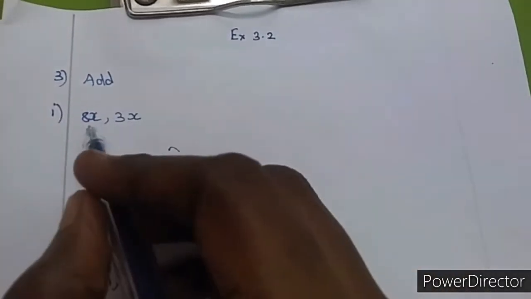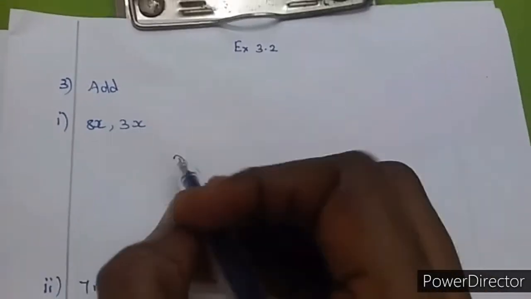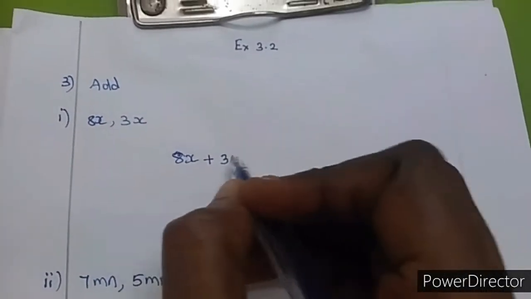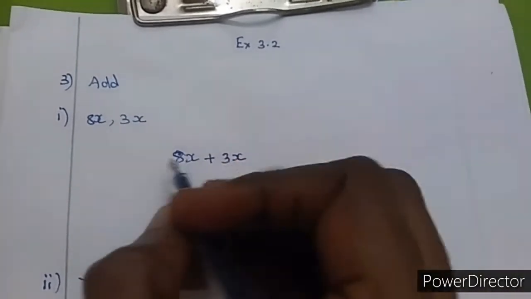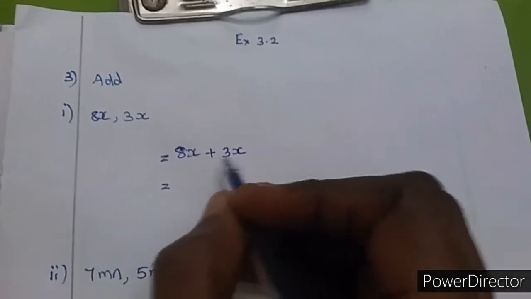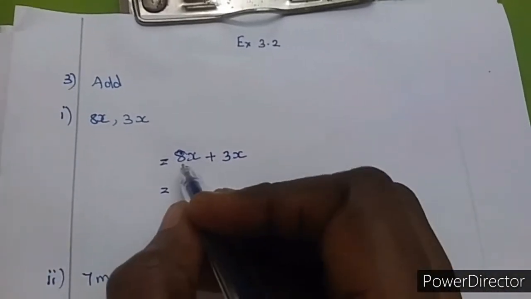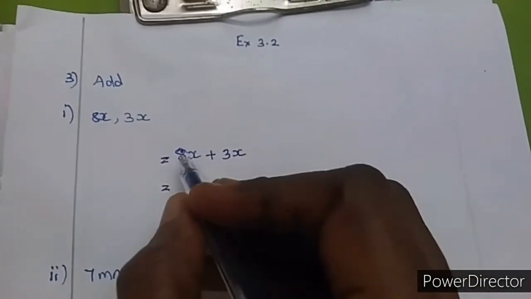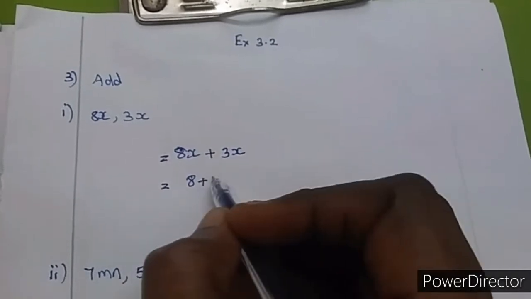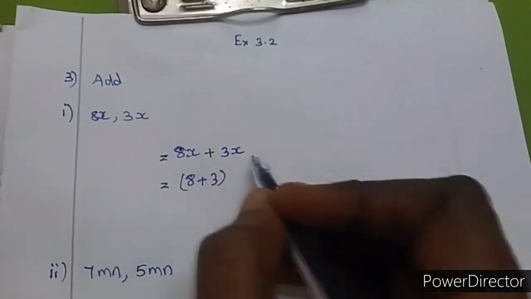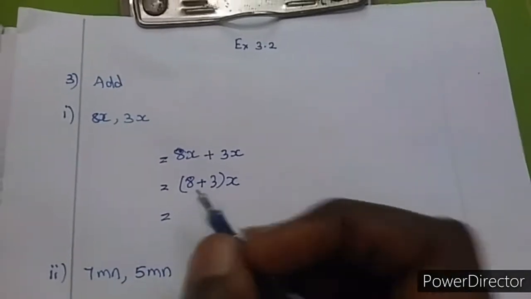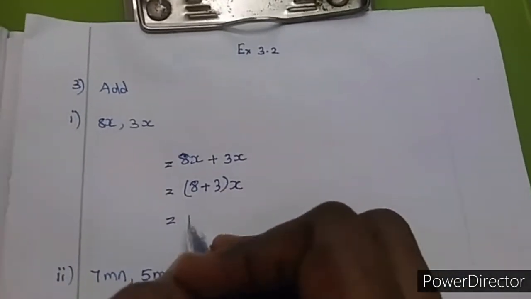Here the given variables are the same, 8x plus 3x. Now take the coefficients outside in the bracket. The numerical coefficients given in the terms are 8 and 3. Now 8 plus 3, 11x.